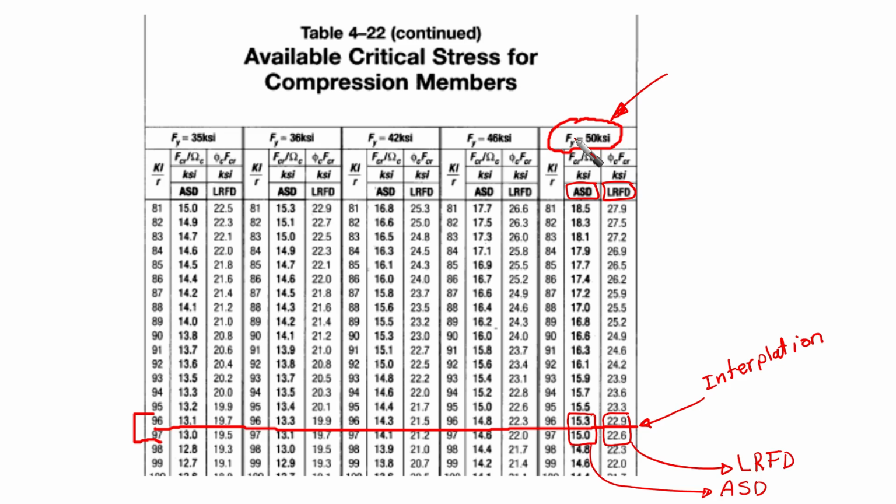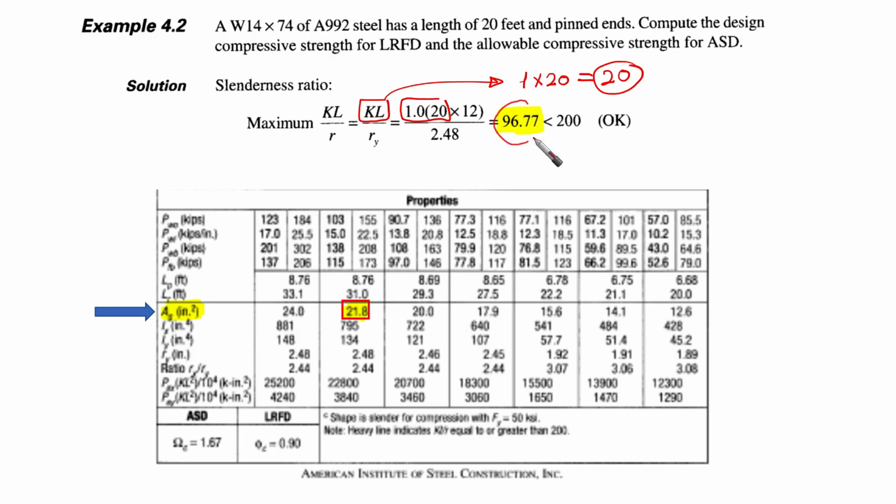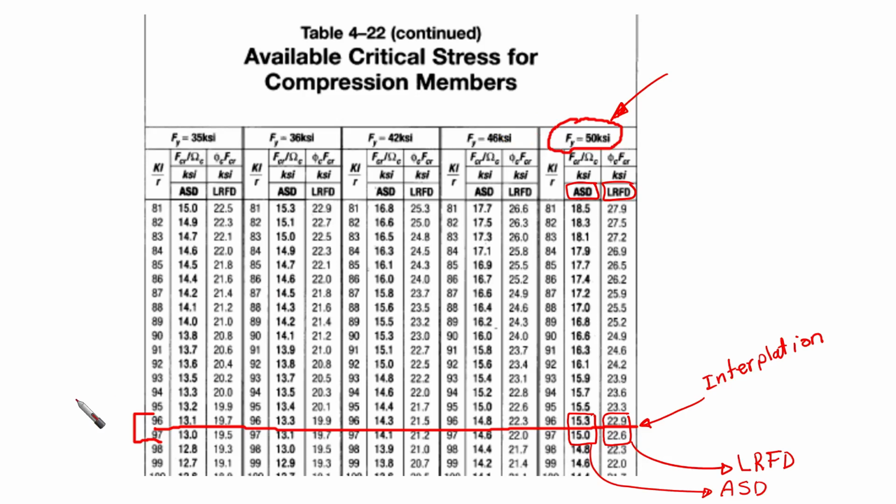If you go to table 4.22, you're going to find that KL over R is given in integers, 81, 82, and so on, between 96, for example. In our case it is 96.77, so we are between 96 and 97.